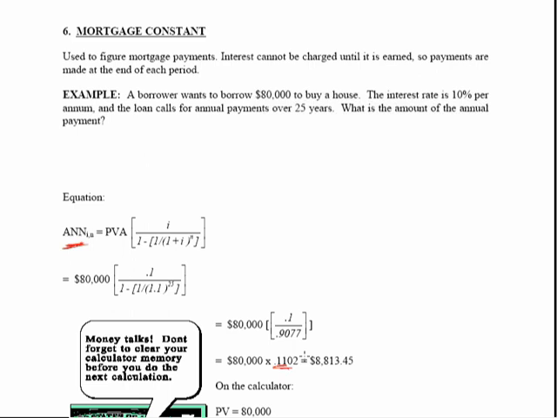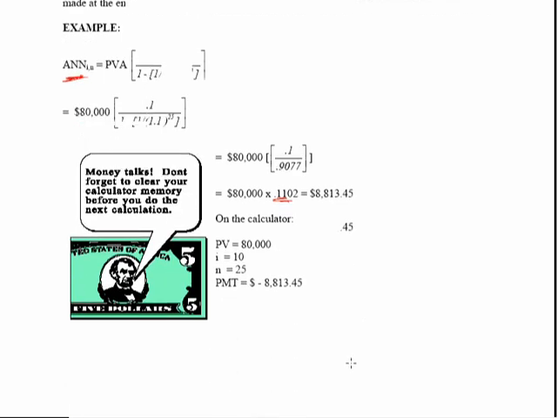Our mortgage isn't a dollar, and that's the nice thing about calculating factors: if it works for a dollar, it works for any other amount. Our mortgage amount is $80,000, so if we multiply 80,000 times our mortgage constant factor, that gives us $8,813.45. And that's our annual mortgage payment using the formulas.